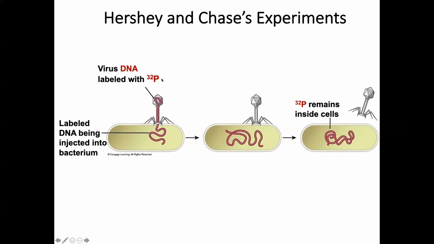But why? Because DNA has phosphate groups, right? We'll get to that in a while. They found that the radioactively labeled DNA this time enters the bacterial cell and directs the synthesis of new viral particles. This provided more evidence that DNA, but not protein, is the genetic material.